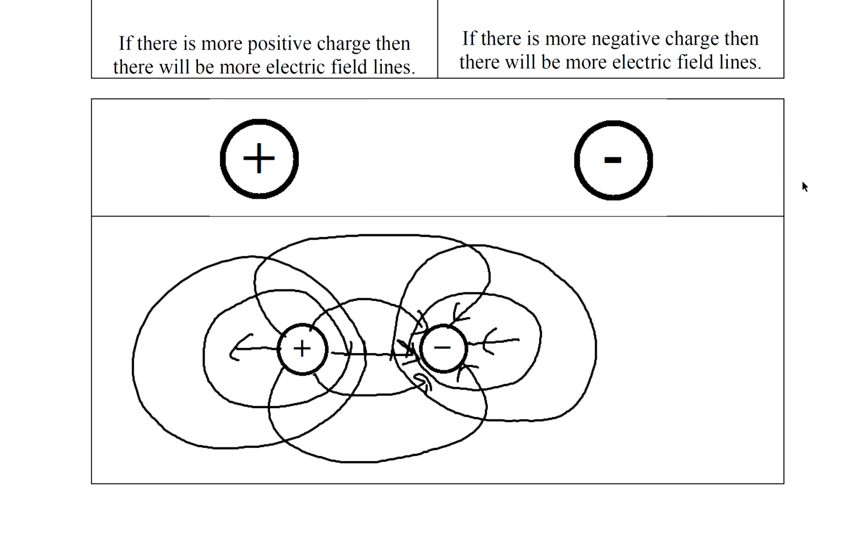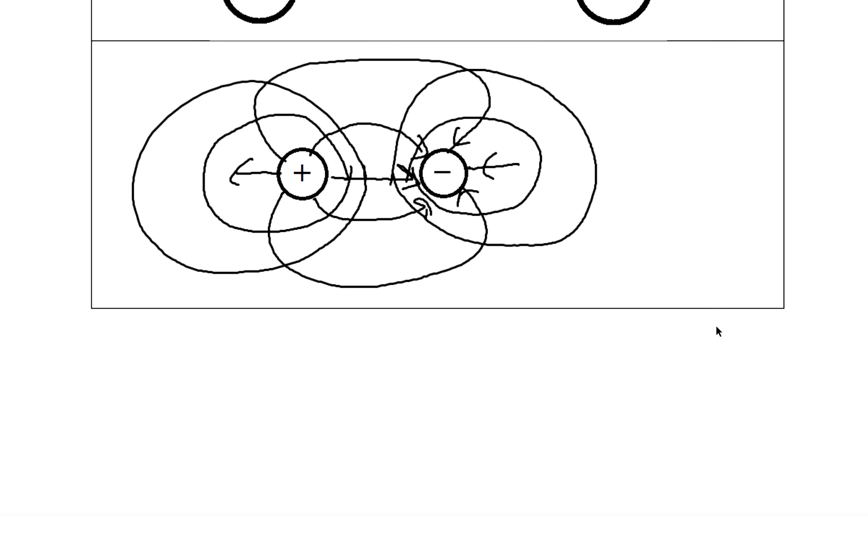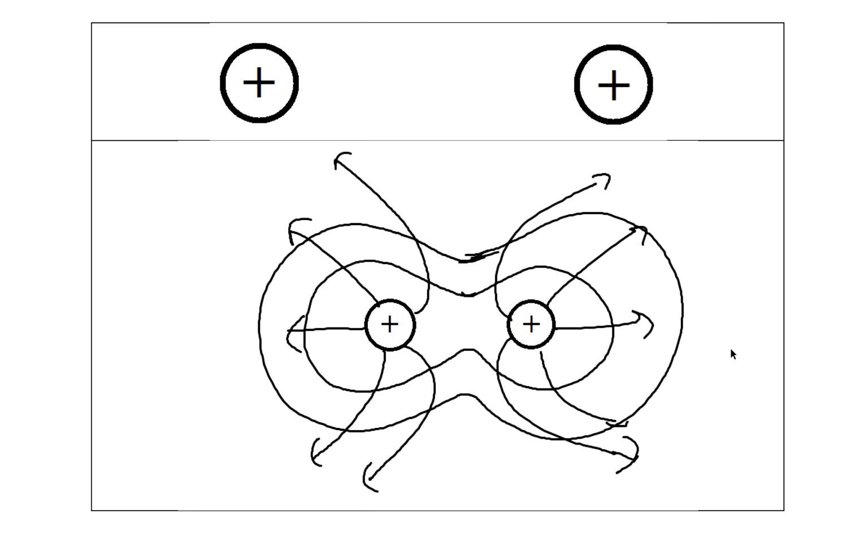If you have a positive and a negative charge, remember, electric field lines tell us the direction a positive charge moves. So the positive charge repels the positive charge, and the negative charge attracts the positive charge. If you have 2 positive charges, you could see the electric field line looks like this. Remember, electric field lines are the lines with the arrows.